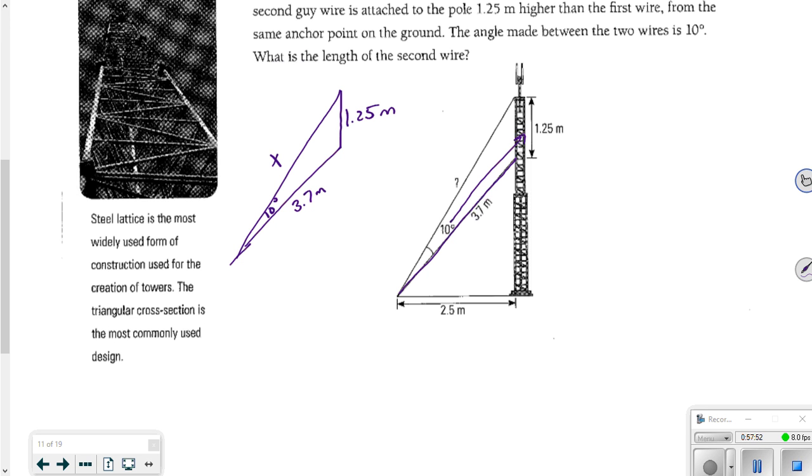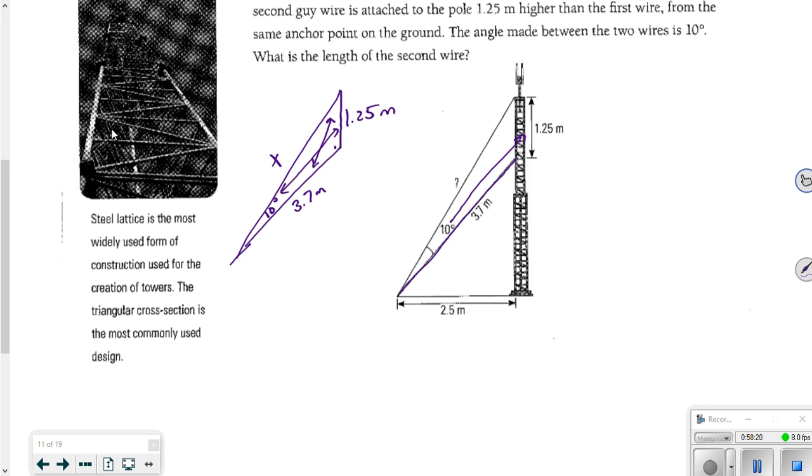This is the side I'm trying to find, which would mean I would need to know this angle right here. I don't know that angle. But because I have this 3.7, I can find this top angle because that's a pair. I can do that because I have this pair that I also know.